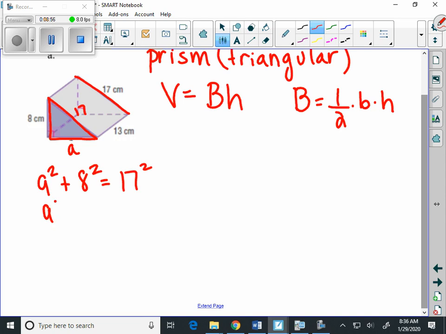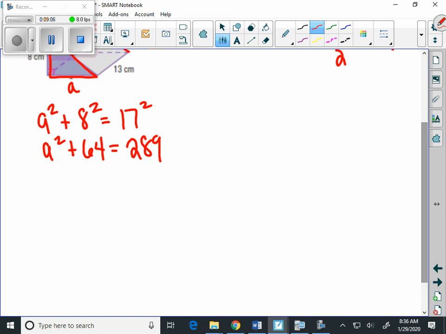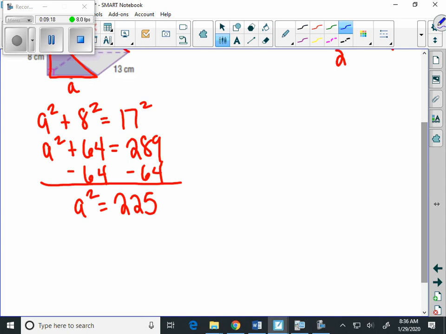Type it into Desmos, type it into your calculator, but 8 squared is 64 and 17 squared is 289. If we subtract 64 from both sides, we end up with a squared equals 225. And we want to find the square root of that, and the square root of 225 is 15.